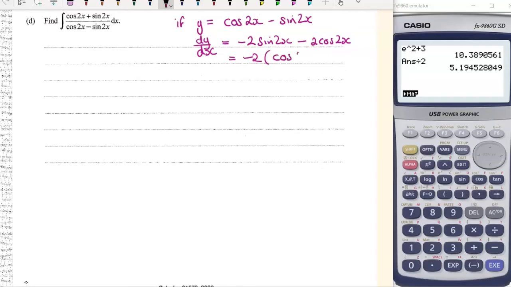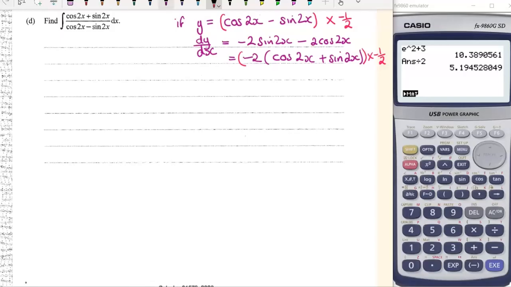If I rewrite this in the order that it is on the denominator, it might make it easier to see. It's almost what we wanted it to be on the top, but not quite, which means that I need to adjust what I'm using so that it does match. That adjustment would be to times this by a minus a half, because then it will cancel out the negative 2 that we had at the front.